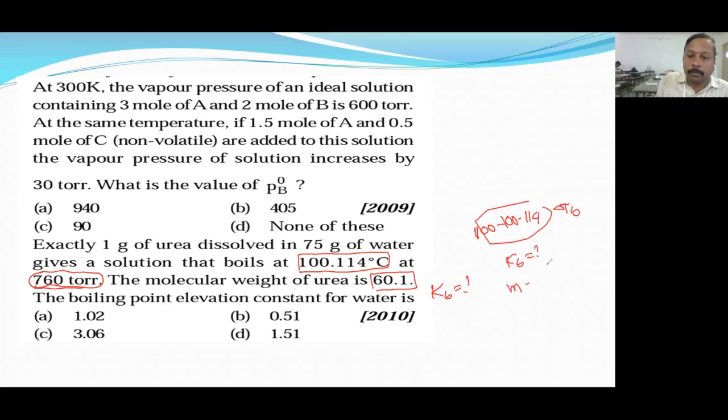Mass of solute 1 divided by molecular mass of solute 60.1, divided by mass of solvent 75 into 1000 because it is in grams. And as urea is a solute which neither dissociates nor associates, I is equal to 1. So when you substitute and solve for KB, you will get 0.51. Is it understood?